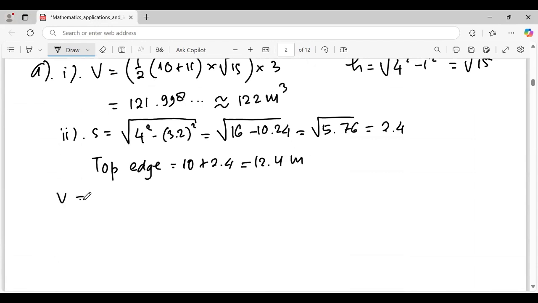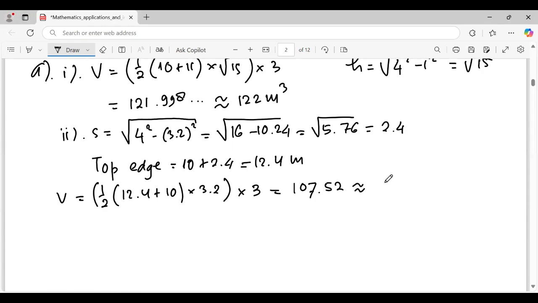So volume equals 1/2 times 12.4 plus 10 times 3.2. The height is 3.2, okay, times width 3, and the result is 107.52 or 108 rounded off.